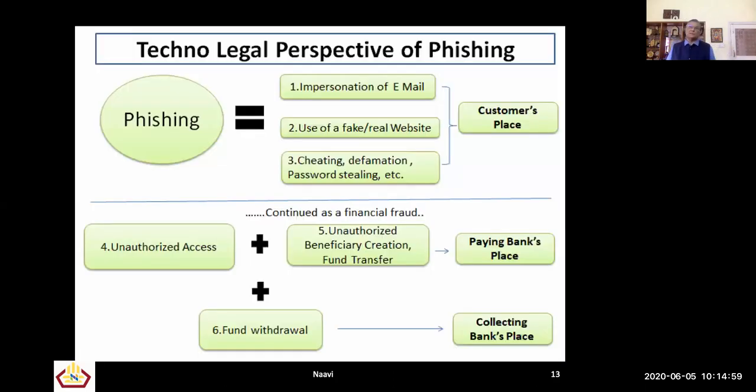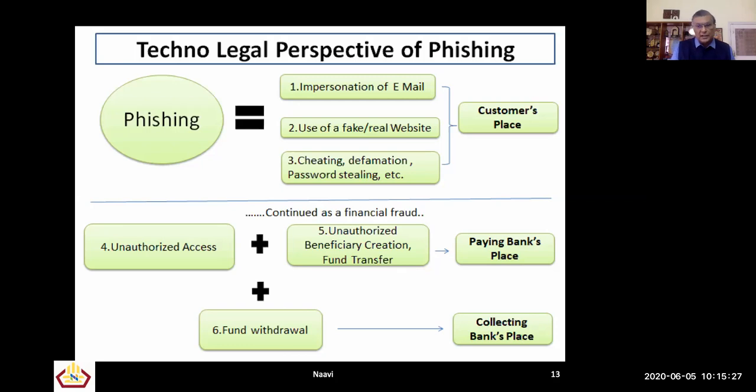But what happens is, while phishing happens in the customer's place, which is the computer of the victim, subsequently one more offense happens. That offense is unauthorized access to the banking system. A person uses the information he has stolen through phishing and then enters the banking system.